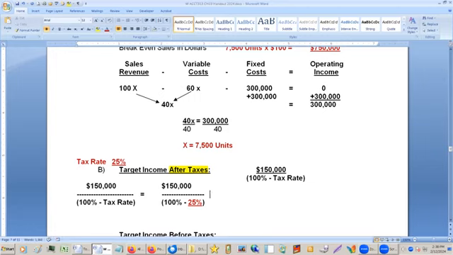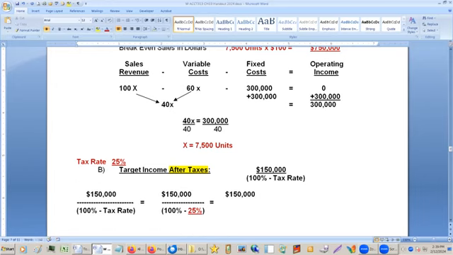Okay, so I'm going to take that. So we end up with 150,000. You guys probably already had this figured out. Divided by 100% minus 25% is what, 75%?